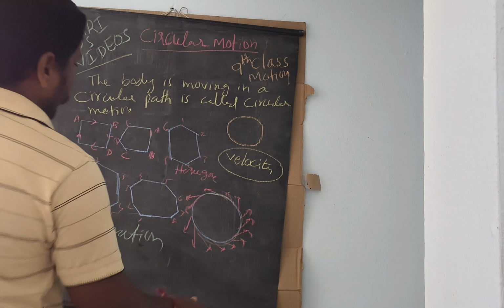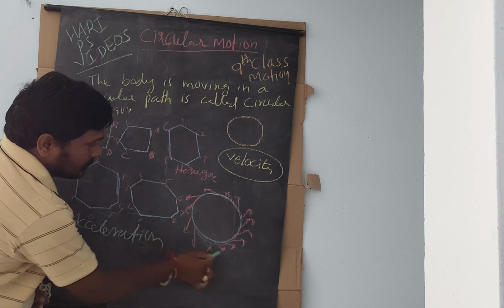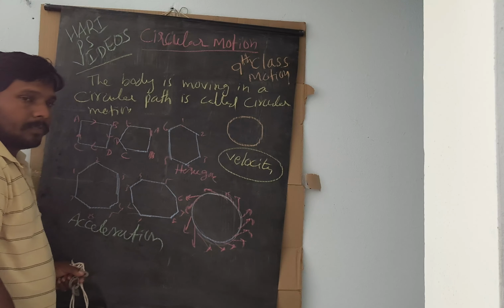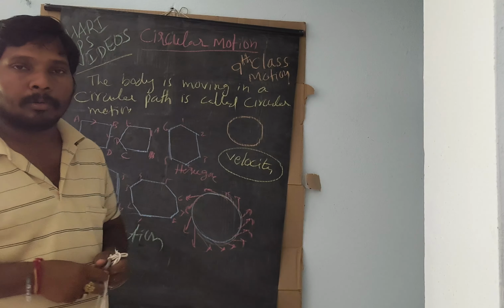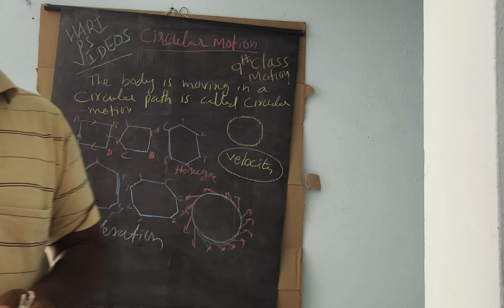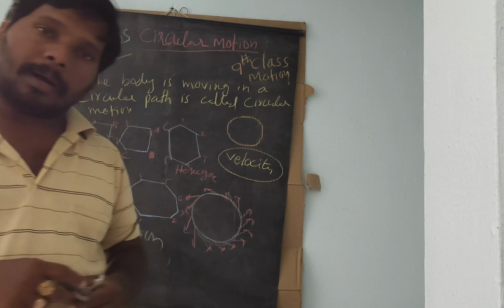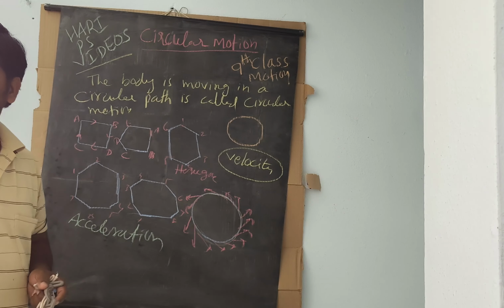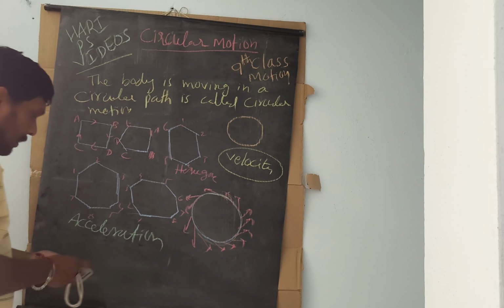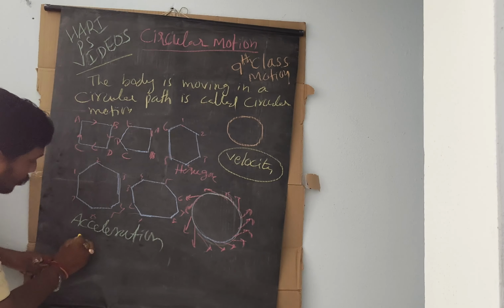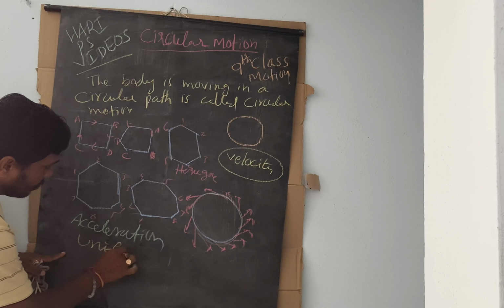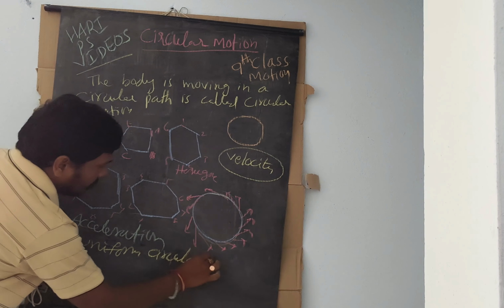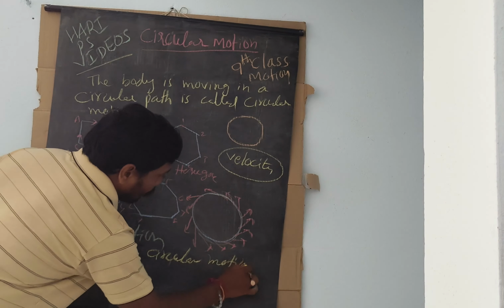So if the speed is constant and the body is moving in a circular path, we call that kind of motion uniform circular motion.